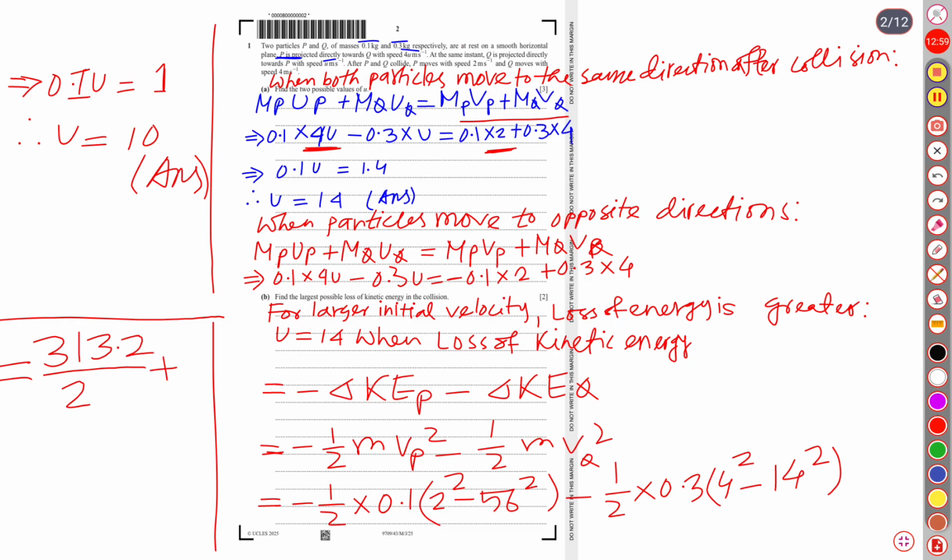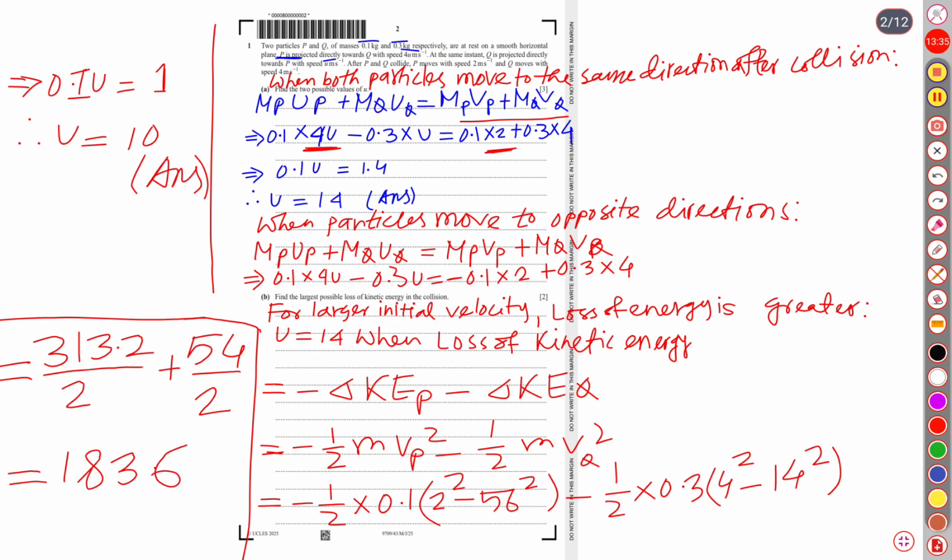Plus, the second part, denominator 2 and numerator 196 minus 16, so 180. 0.3 into 180 is 54. Finally, we get the total loss of energy as 183.6 joule. So this is the final answer, the loss of total energy.